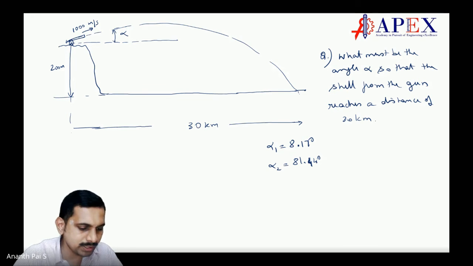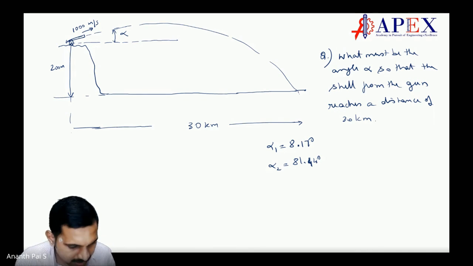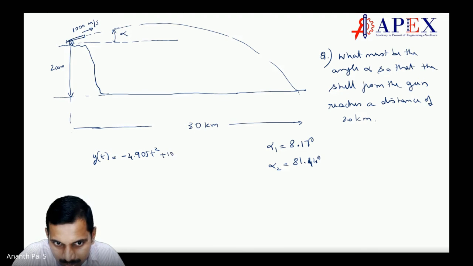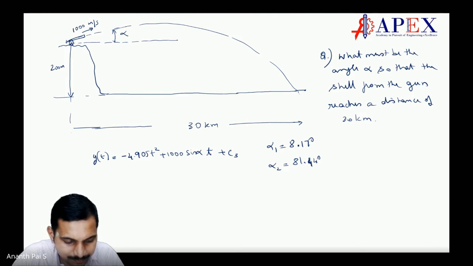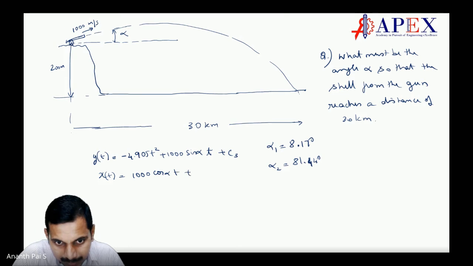Okay, so one thing what you got is, see, there are three equations which is almost the same, is it not? So we have to get y of t is equal to minus 4.905 t square plus 1000 sin alpha into t plus c3. We got this. X of t is equal to 1000 cos alpha into t plus c4.